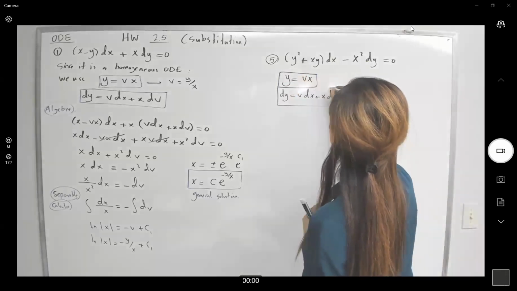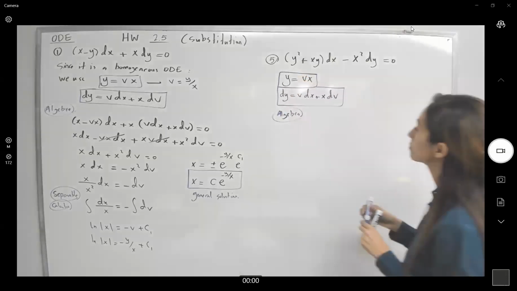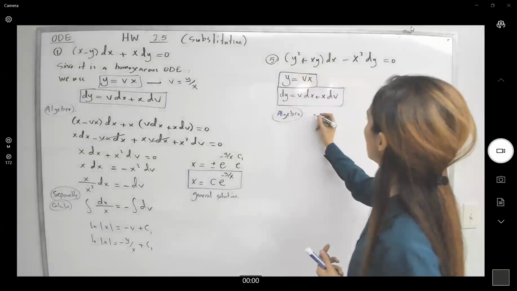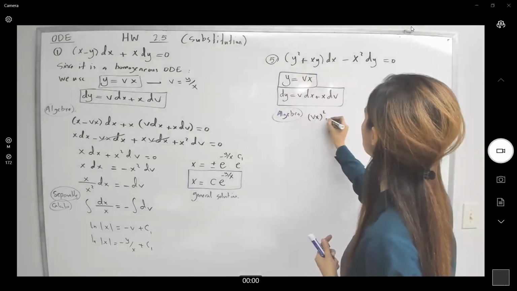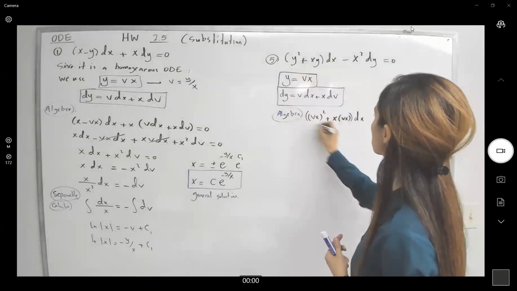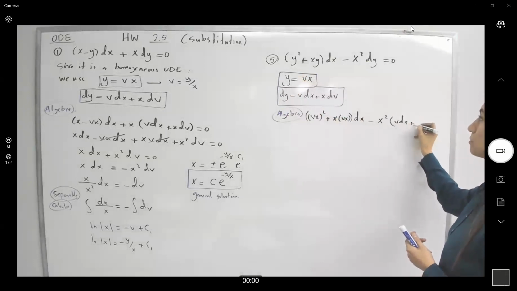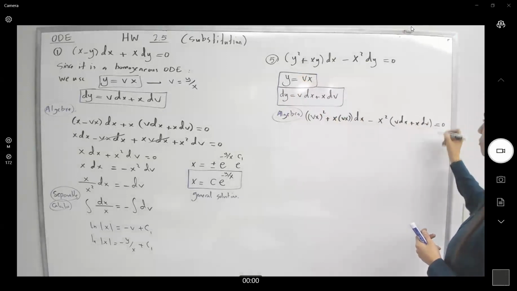Let us apply the substitution, just pure algebra. We get (v squared x squared plus x times vx) dx minus x squared (v dx plus x dv) equal to 0.